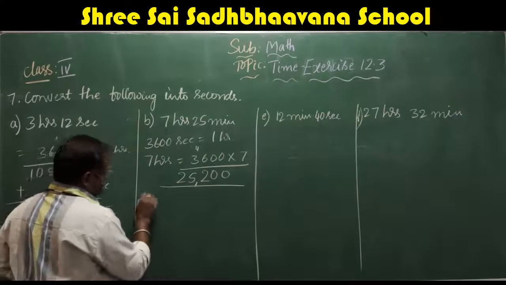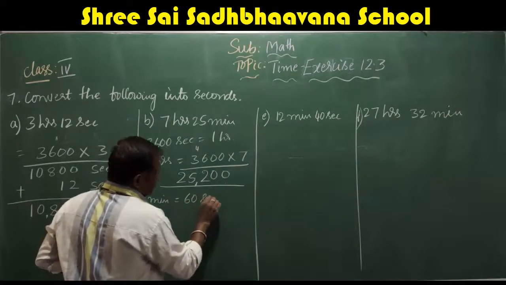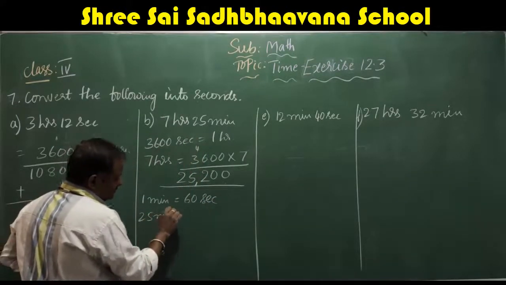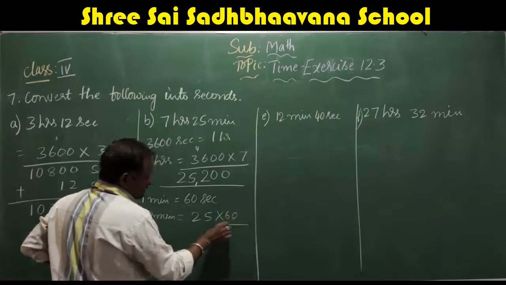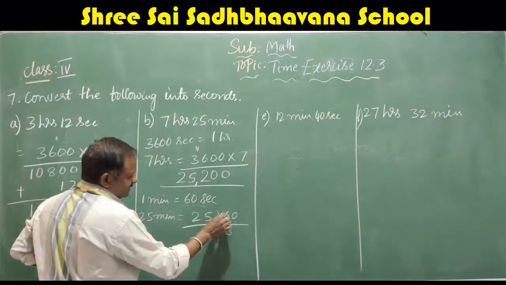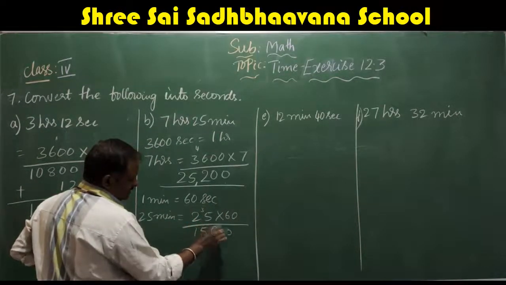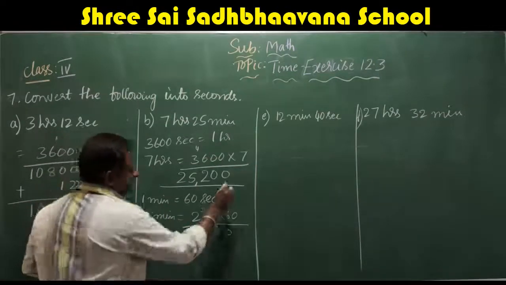Next come to minutes. 1 minute is equal to 60 seconds. So 25 minutes is equal to 25 into 60. 0 as it is. 6 fives are 30, carry 3. 6 twos are 12 plus 3, 15. Next comes here 1,500 seconds.